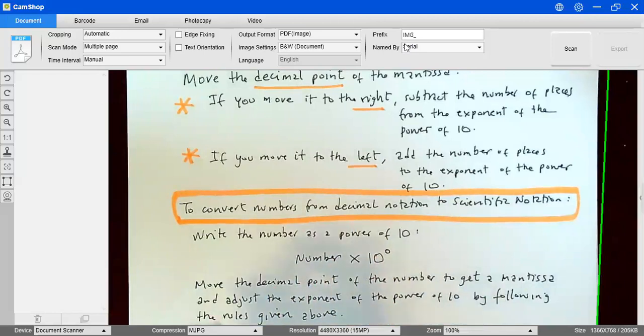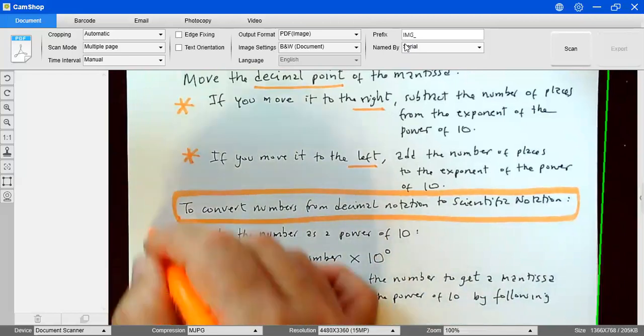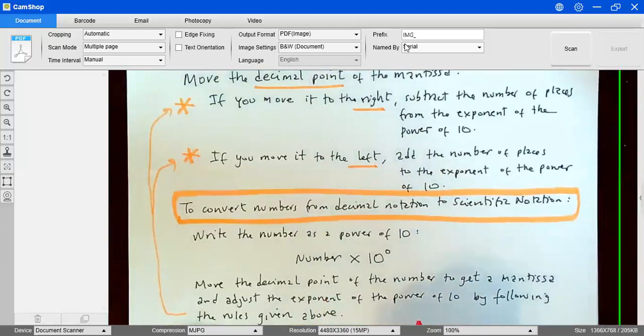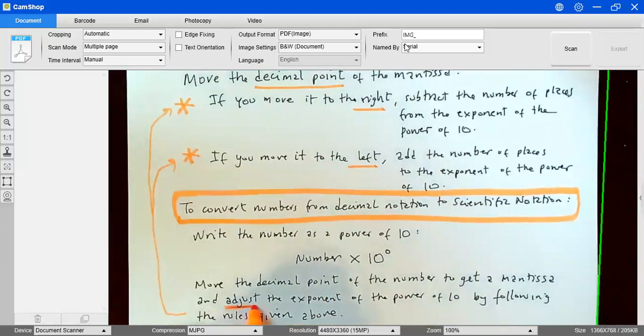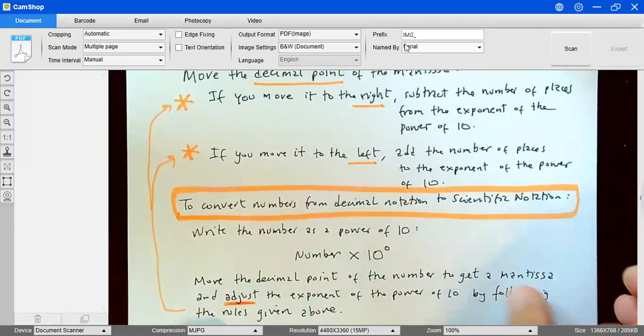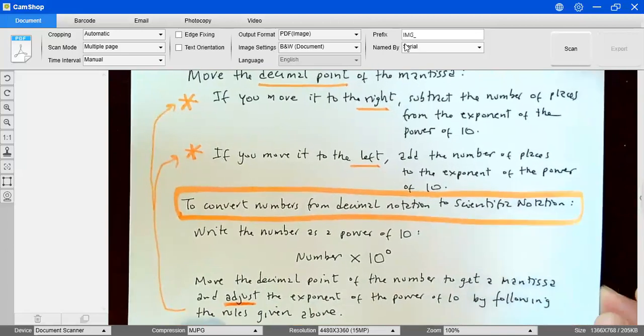How? By following the same rules. So we're going to follow these two rules to adjust the exponent of the power of 10. I'm going to show you how to apply these rules.